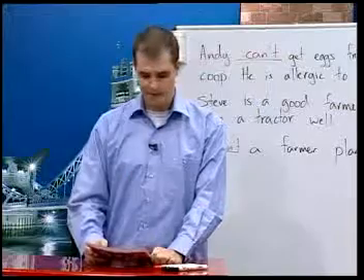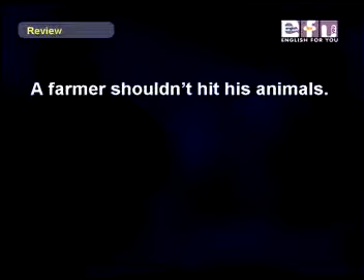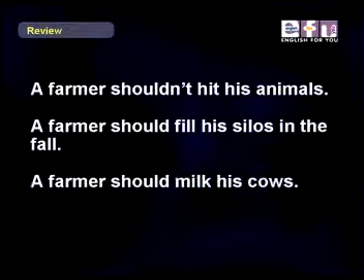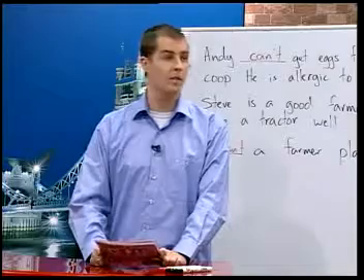A farmer should fill his silos in the fall. A farmer should milk his cows. Very good. A farmer shouldn't hit his animals. A farmer should fill his silos in the fall. A farmer should milk his cows. Excellent.